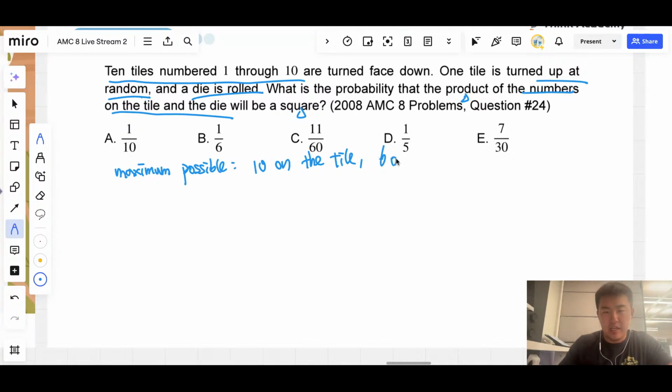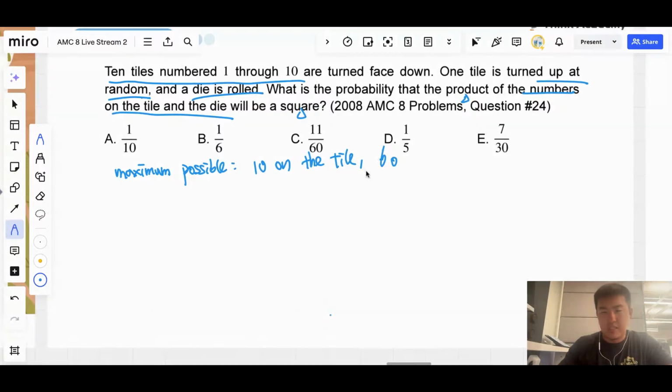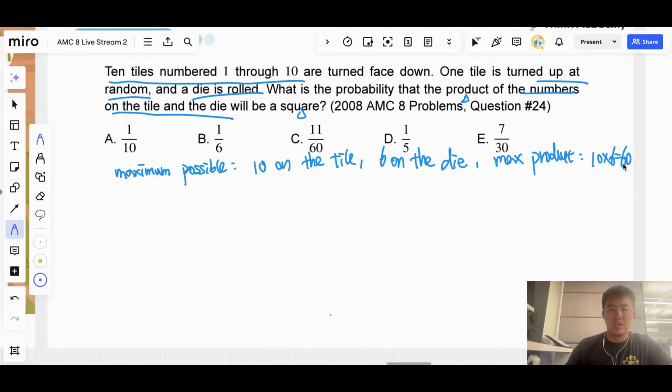So 10 on the tile, 6 on the die. In this case, we are looking for their product, right? So the maximum product is 10 times 6, which equals 60. That's the largest possible number you can have.